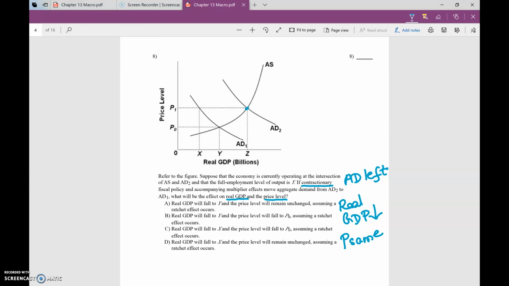That means we will be at this point and definitely not at point Y. So we have the real GDP going down to X and price remains unchanged, and this is called a ratchet effect. Okay.